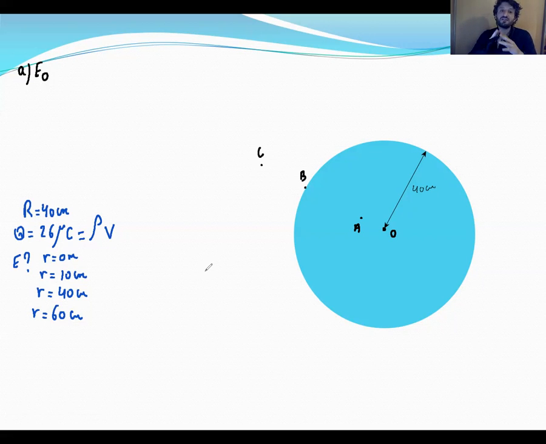And here we have a uniform charged object. So in this case, we have a charge at any point inside the object.